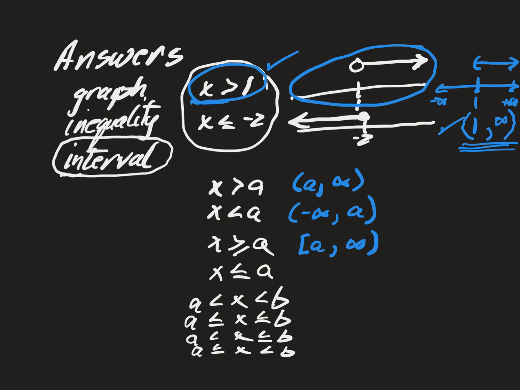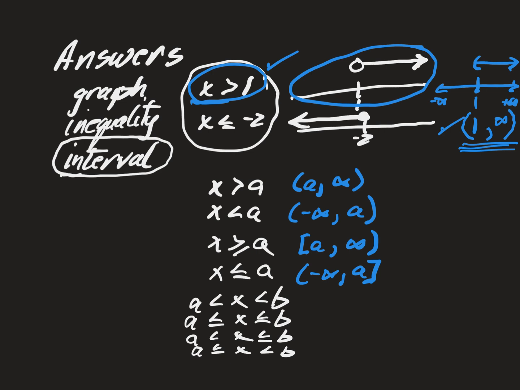Now notice the infinity, we're still not equal to that, so it's open. But the a, we are equal to the a, so we use a closed bracket instead of a parenthesis. x less than or equal to a is negative infinity to a.